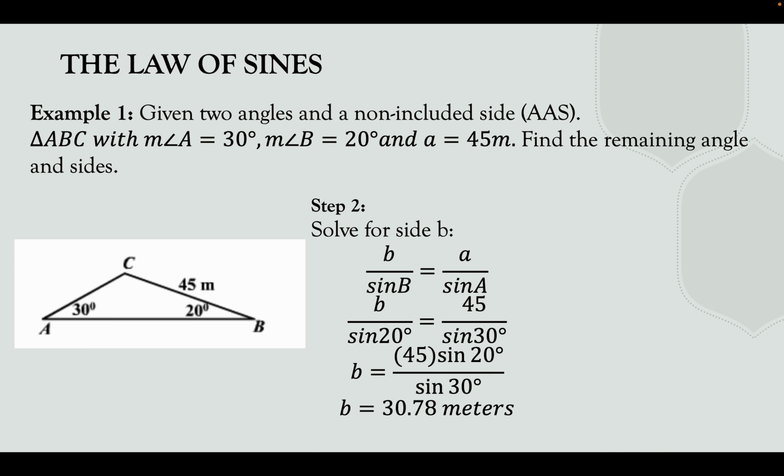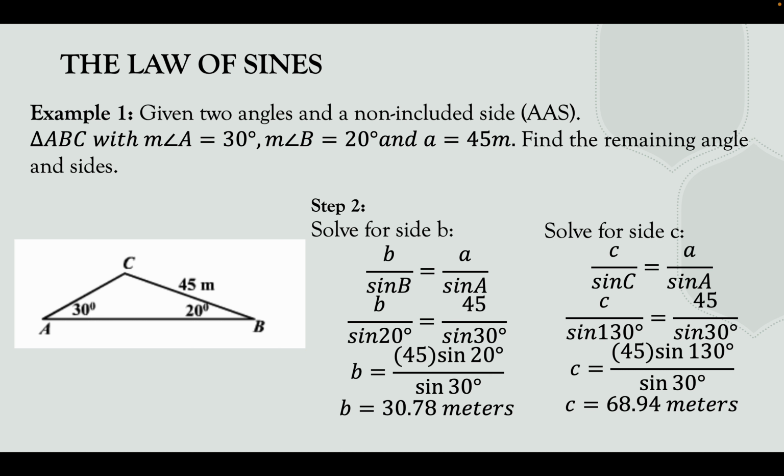So cross multiply and then divide both sides by sine 30. So we have B equals 45 times sine 20 over sine 30. By inputting that in the scientific calculator, we will come up to 30.78 meters.